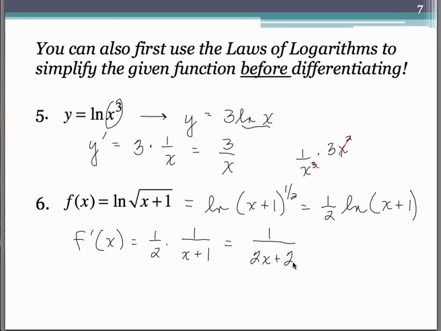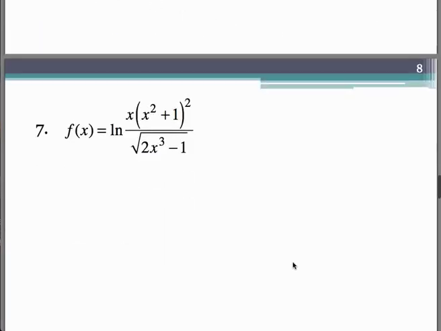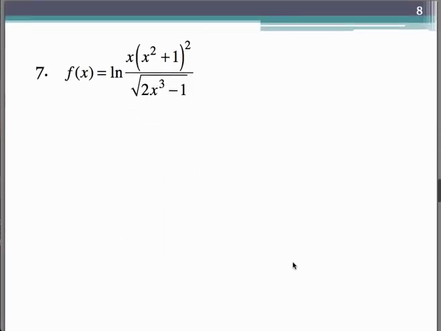Now I think the next example, though, is a great one to illustrate why you would definitely, without a doubt, want to use the laws of logarithms. Because that would be a nasty bugger to leave it as it is.